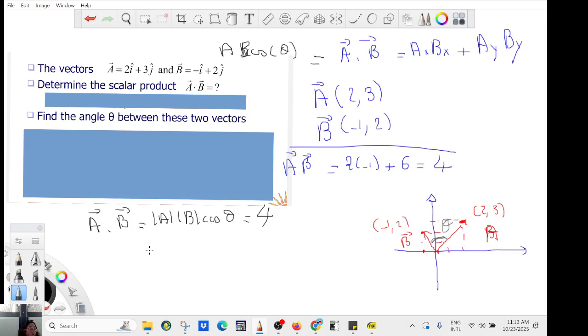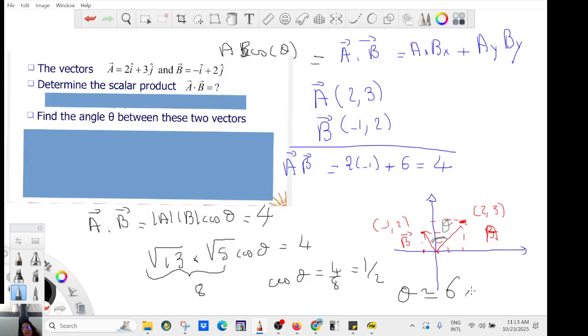Magnitude of A, you're going to use the Pythagorean theorem: 3 times 3, 9, plus 4 is 13, and the other is 4 plus 1 is 5. Cosine theta equals 4 over the product of the magnitudes. You do it. This is about 8. So cosine is 4 divided by 8, which is 1/2. So the angle is about 60 degrees.